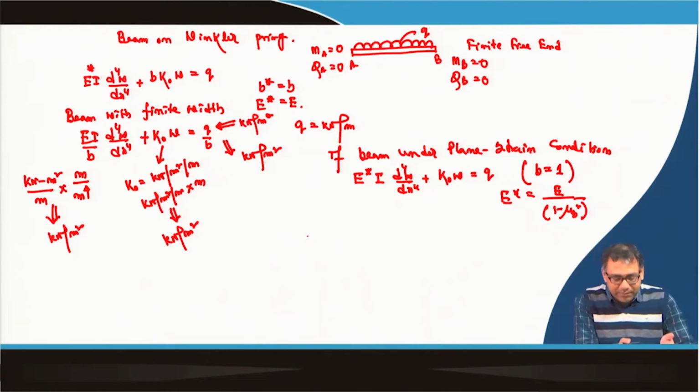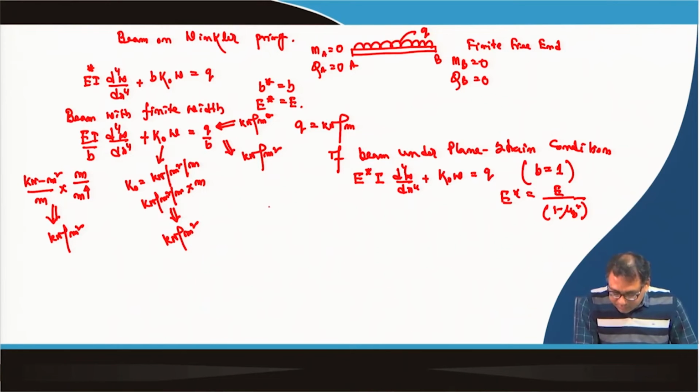You can solve the beam with finite width also, but in that case there will be a B value, but here I have taken B as a unit because it is under plane strain condition. So, my equation is this one, and then I will express it in a similar way.